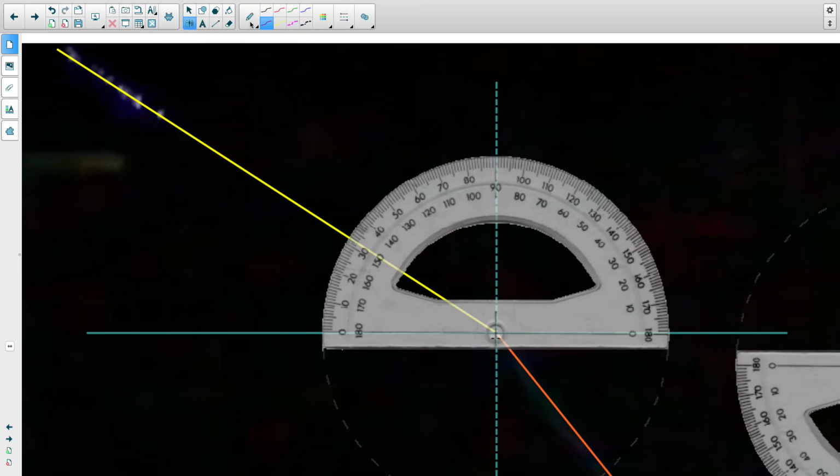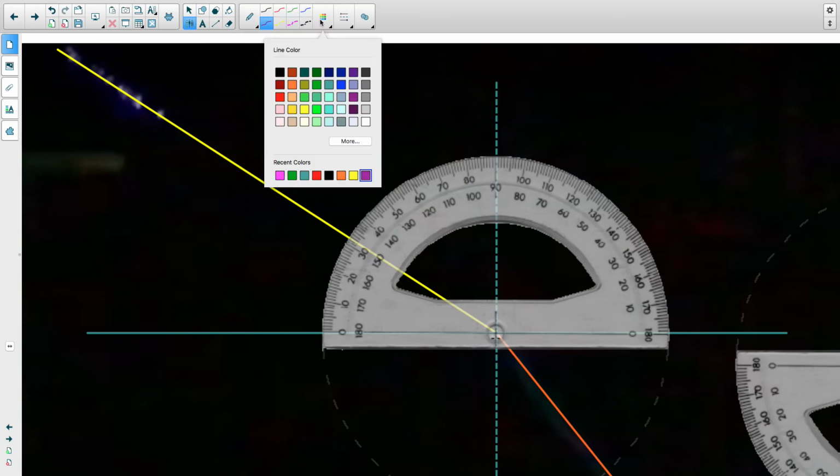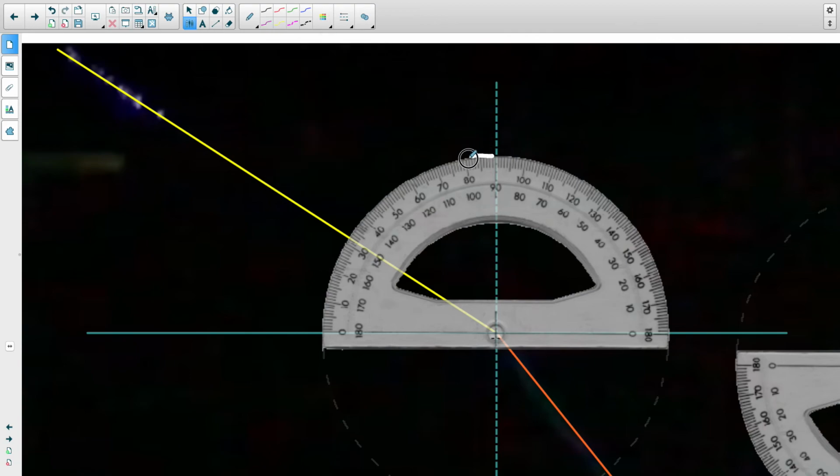actually it's probably nice to write in white on this page. Looks like it's going about 10, 20, 30, 40, 50. Looks like maybe on mine 57.5 degrees is our angle of incidence. 57.5.